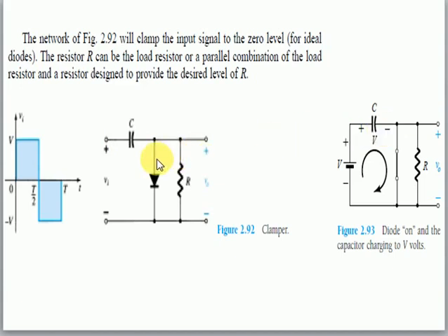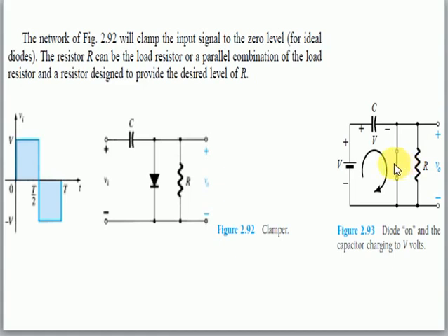So when the positive cycle is applied, this diode will be forward biased, so it acts as a short circuit. And we are taking V0 across the resistor, and VR is equal to 0 volt. Why 0 volt? Because this diode is forward biased and it is an ideal diode, which means VD is equal to 0.